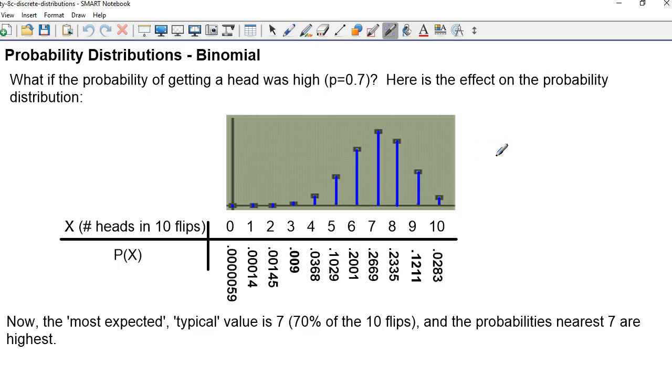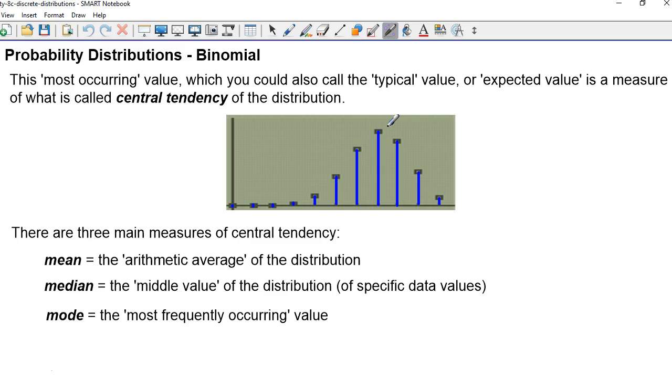Right? If we had a coin that was 70% chance of getting heads, then this distribution's most likely value would be at 7 of the 10 would be heads. Right? The most expected or typical value is 7 in this case, and the probabilities near 7 are the highest.